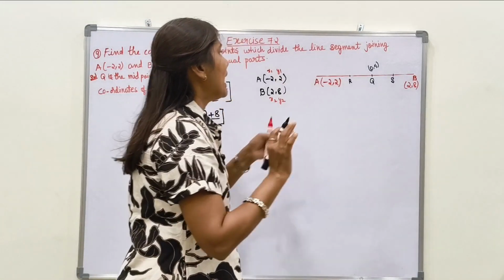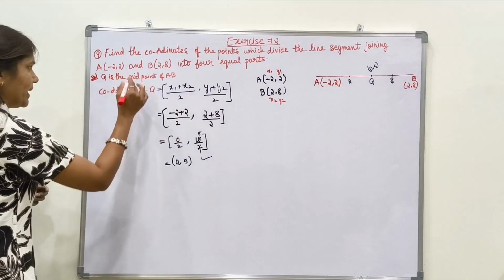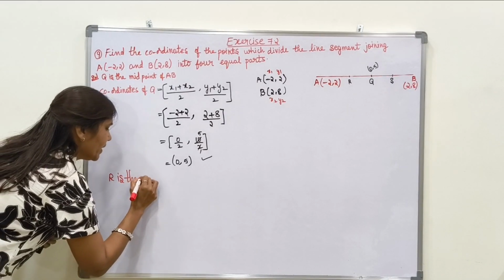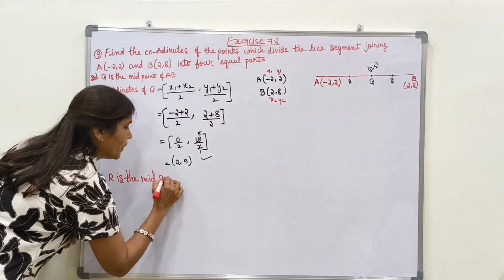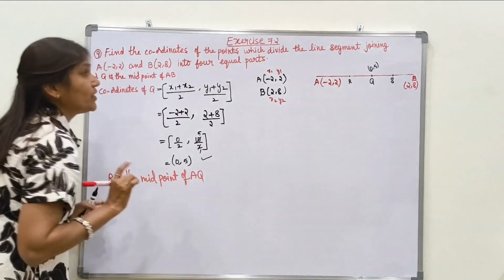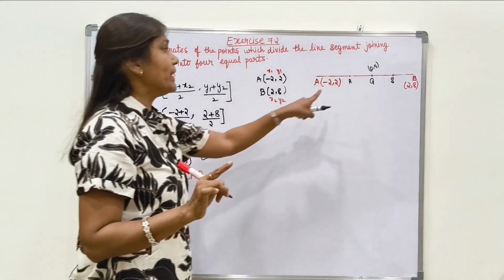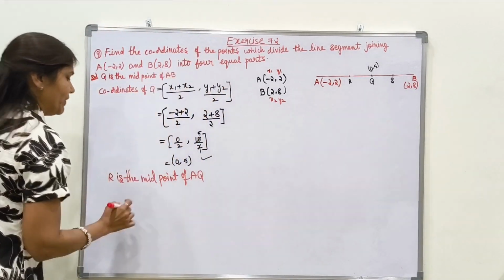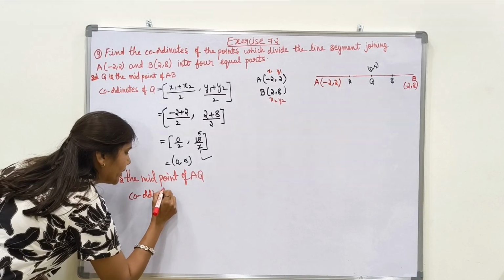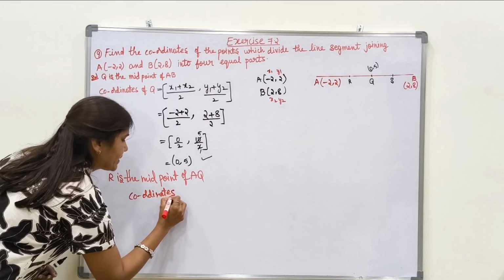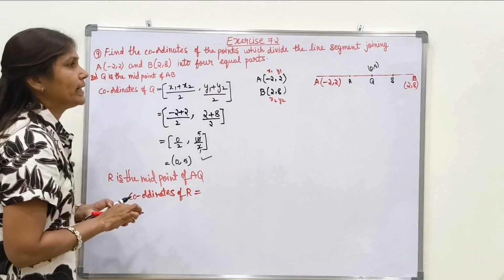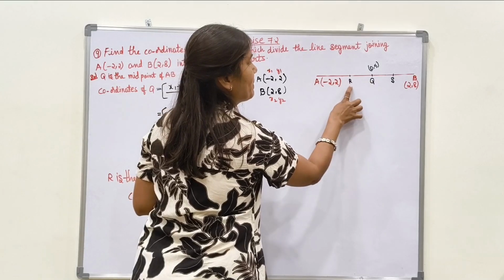Next we will write R is the midpoint of AQ. Now we will find which coordinates? Coordinates of R we will find. Coordinates of R is equal to the midpoint.